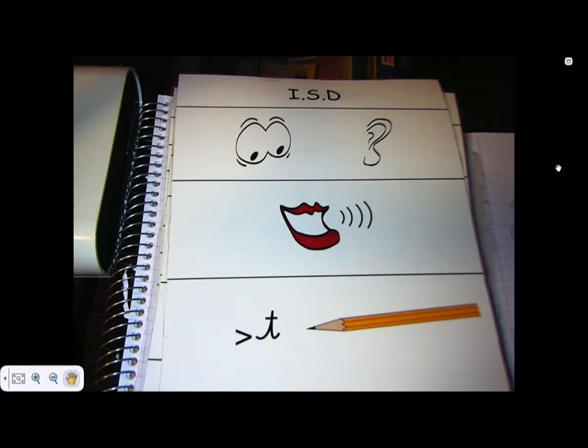Echo. Name. Write. You should have two answers for that one. Z. Echo. Name. Write. There should be two answers for that one.